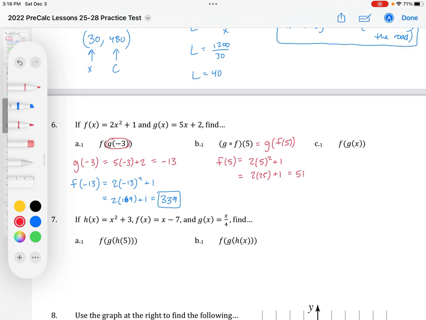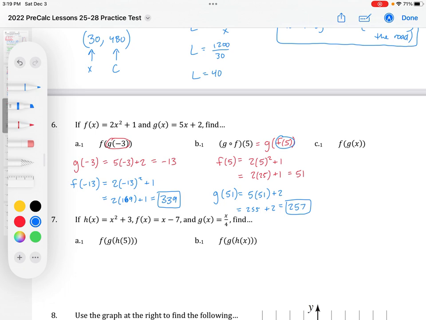Now that we have that, we're going to find g of 51. So we found that f of 5 is 51. Now we're going to take g of 51, which is 5 times 51 plus 2, which is 255 plus 2, which gives you 257. So that's going to be your final answer.